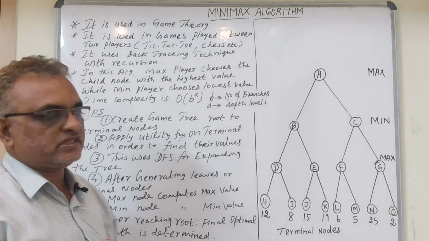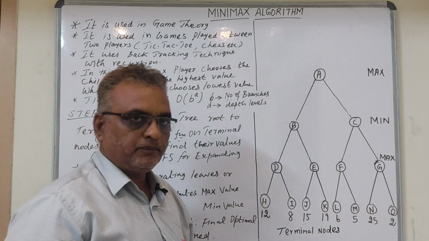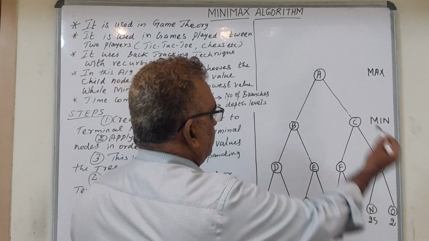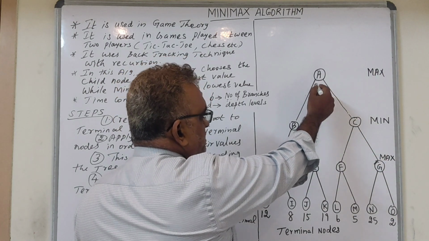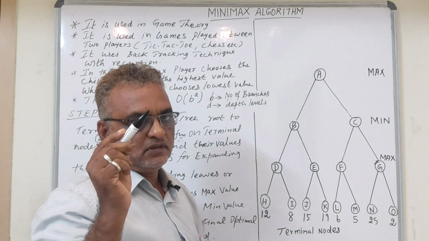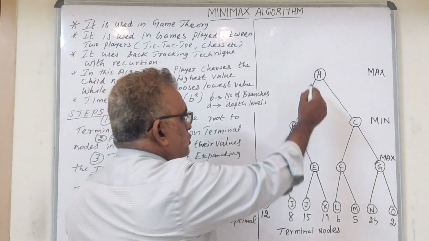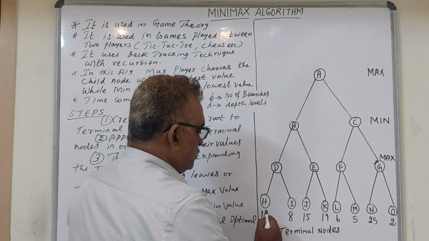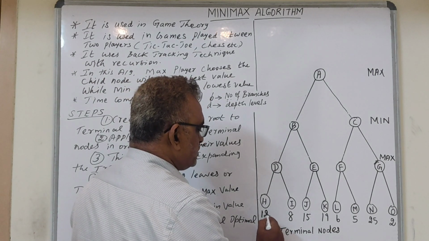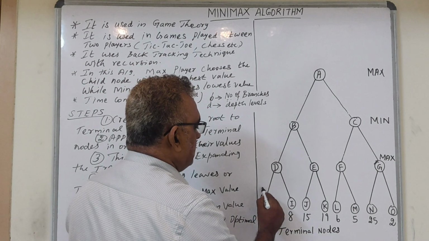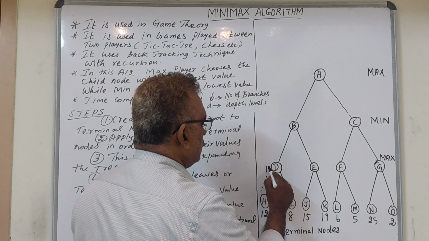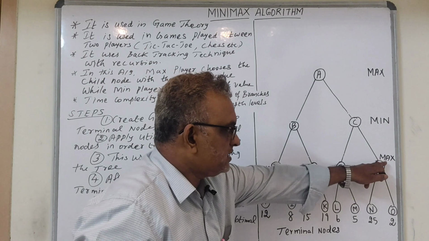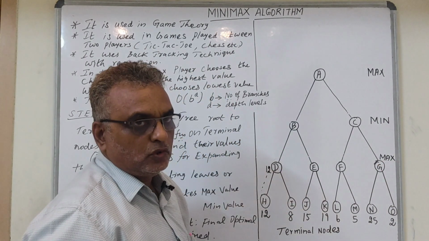Now let us see how this algorithm works with the help of this example. As I said, start from the root node. Since it uses DFS, depth first search, the first visit falls on the node H. The value of the node H is 12, and that is backed up to this node, that is D. As I said, this is the max node.